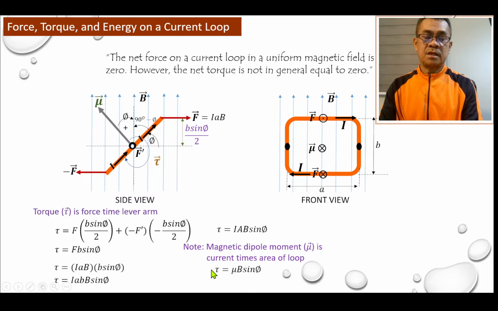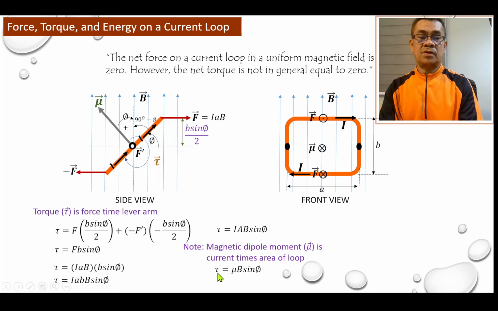The magnitude of torque can be calculated by substituting the magnitude of mu, which is the product of I times A, multiplied by the magnitude of the magnetic field. And take note, sine theta, and this theta, remember, is the angle from mu, the dipole moment, towards the magnetic field. Okay? So, this is now our torque.